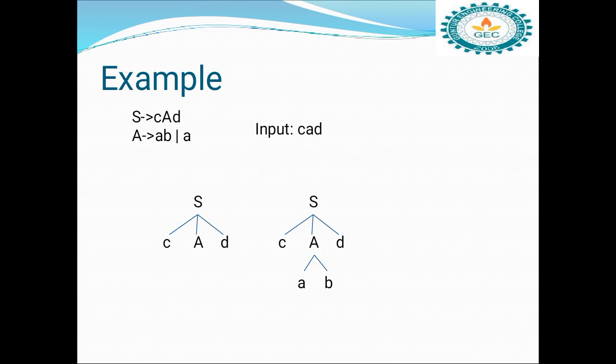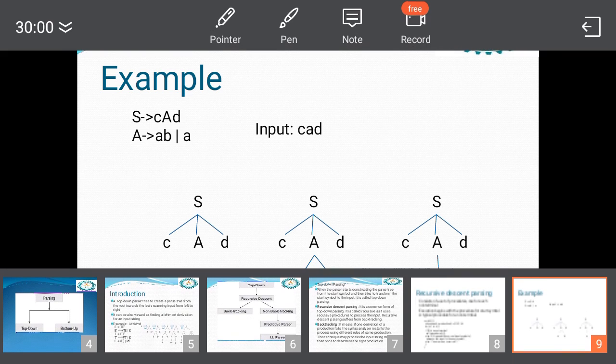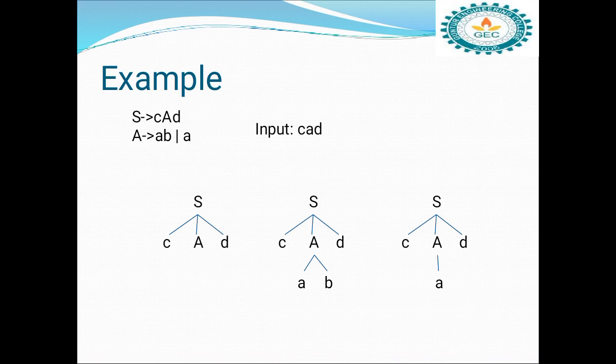At that time we can apply backtracking. S tends to CAD and A tends to AB. So first using AB, there is no solution. You can apply backtracking, so choosing the other one, which is small a. So apply the small a, and directly we will get the input.